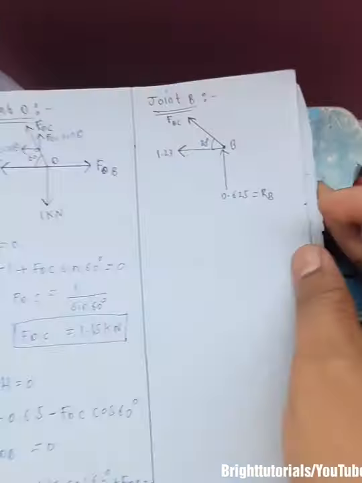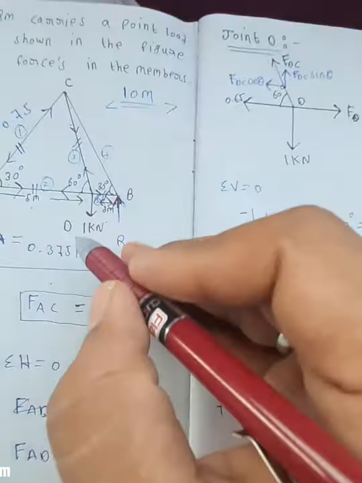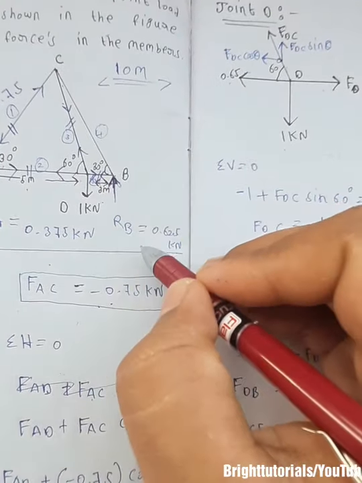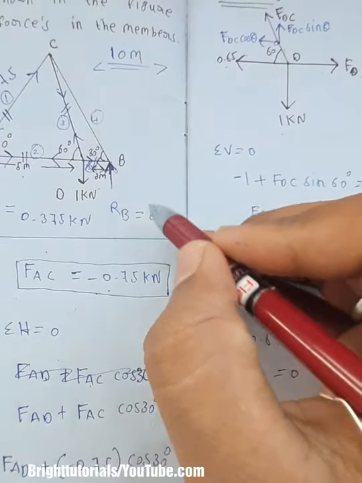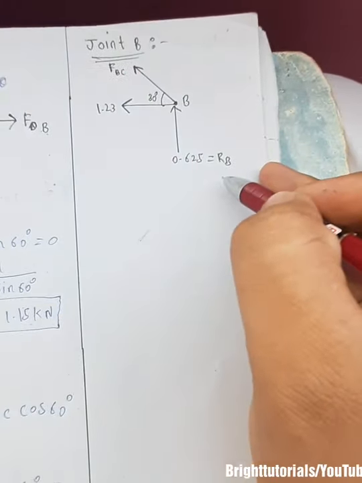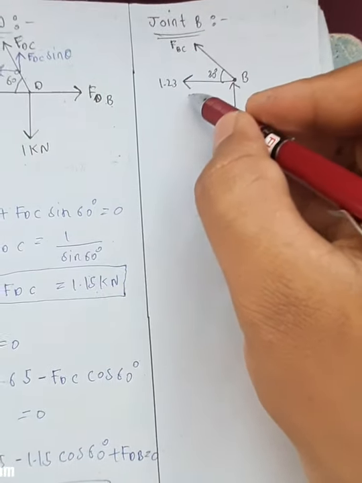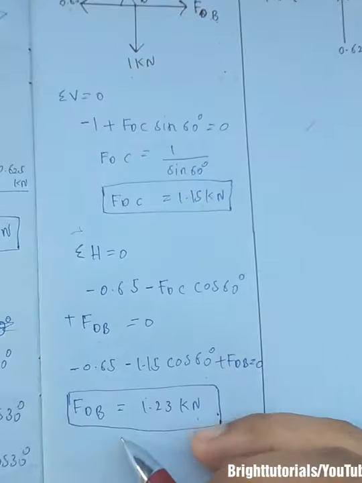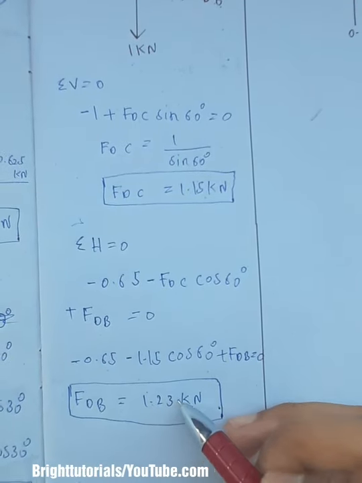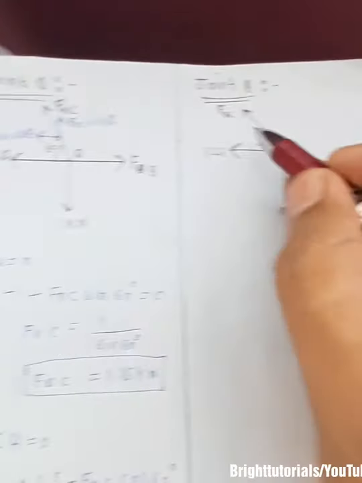So see here, at joint B, from downwards, a vertical force, the reaction RB is acting. Here 0.625 equals to RB, and 1.23 is the FDB force. So you have to find this force FBC.